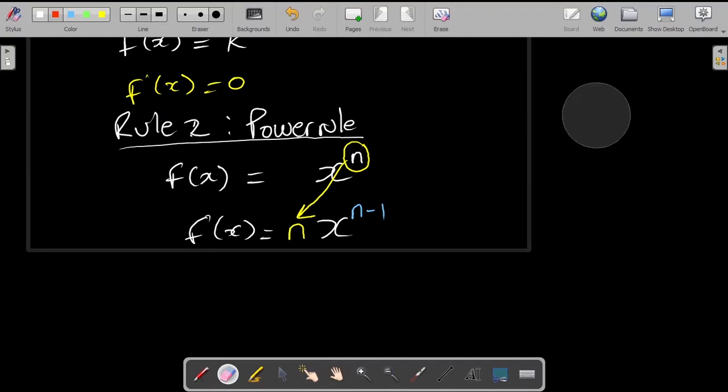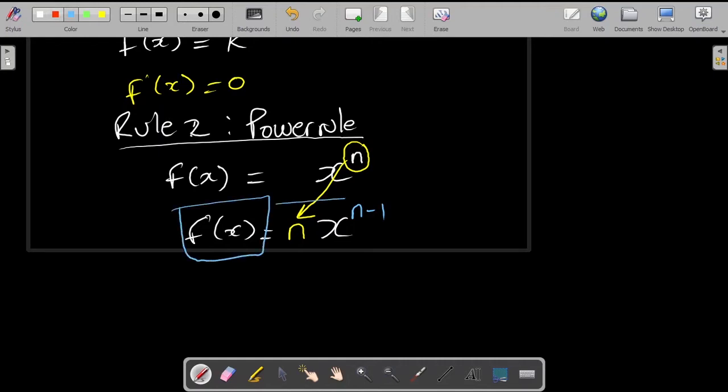So when you're using your notation, and I will talk about notation a bit later, make sure that your notation is in keeping with the variable type that you have. In this case, we're dealing with x, so it makes sense to have x over there because the function is solely defined by the variable x. But with rule 2, the main thing was that we take the exponent down there, multiply your function by the exponent, then subtract 1 from the exponent.